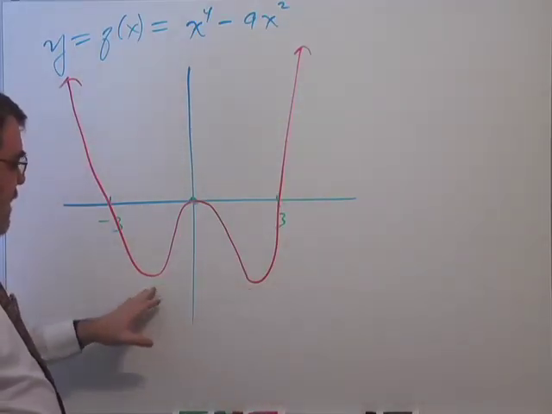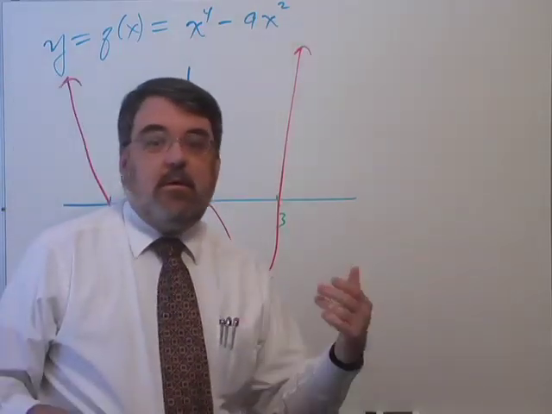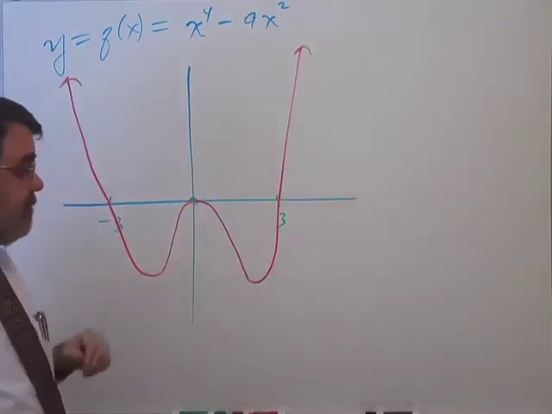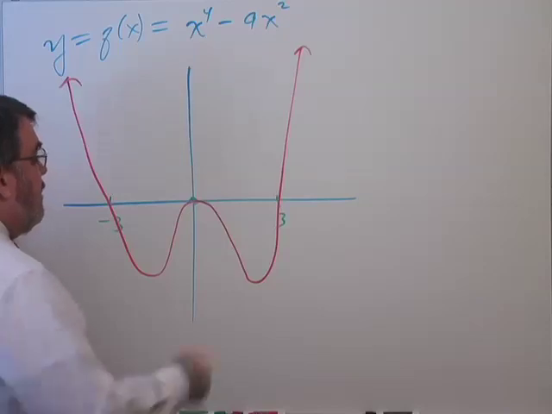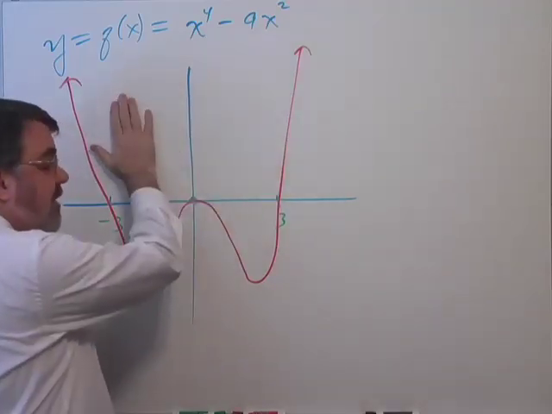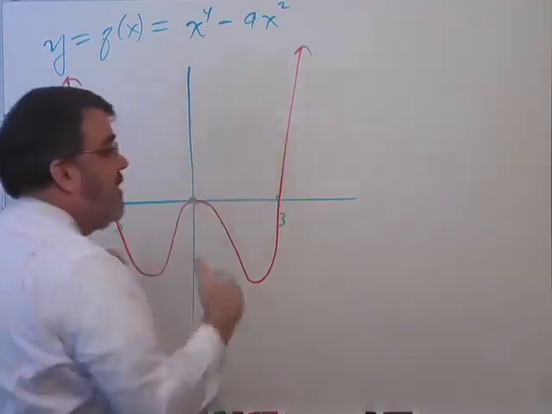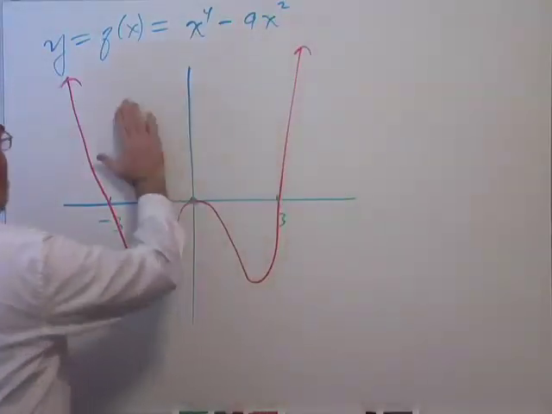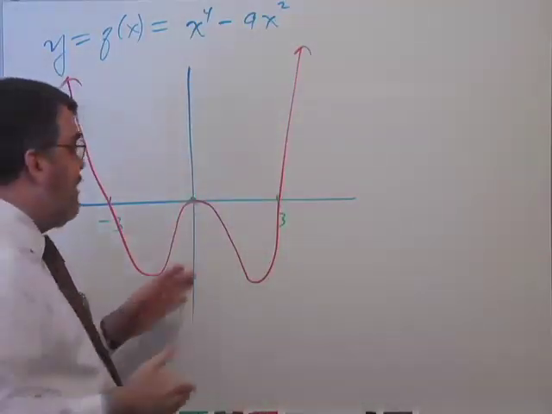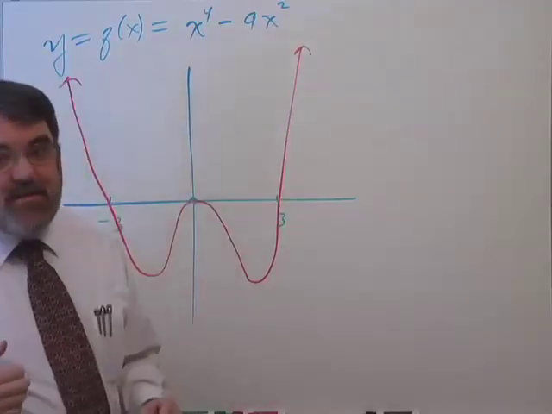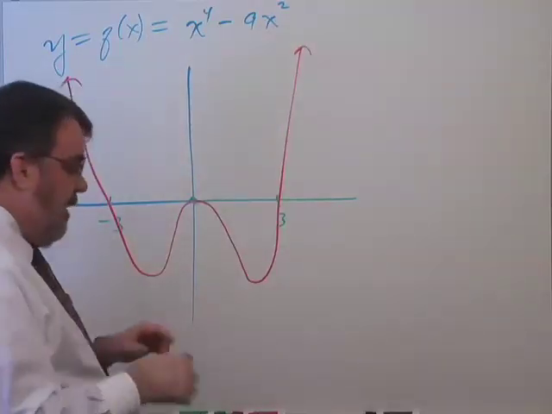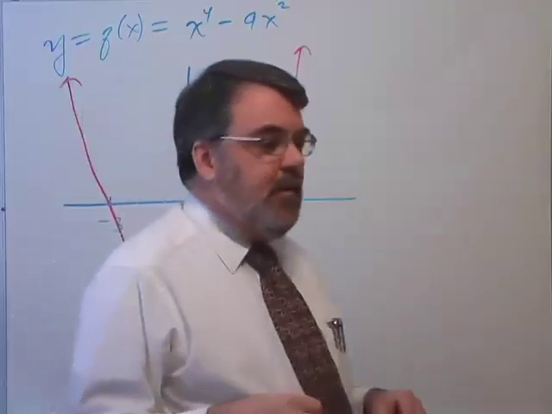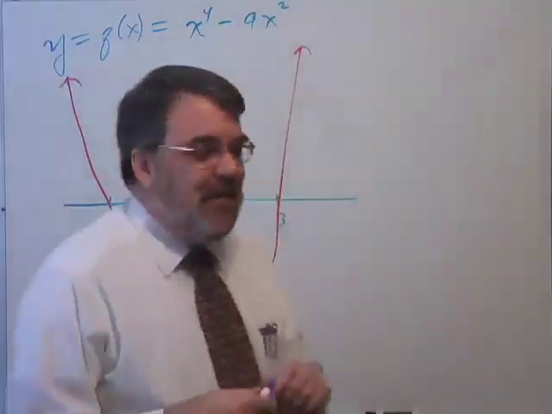But the right half and left half, if this was drawn perfectly, would look identical. In fact, if you took the right half and just flipped it over to the left half, or vice versa, you would get the other side. And so this is called a reflection. And what are we reflecting across? It's across the y-axis. So let me write the qualitative aspect of an even function.